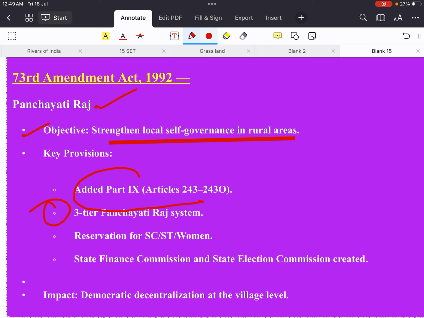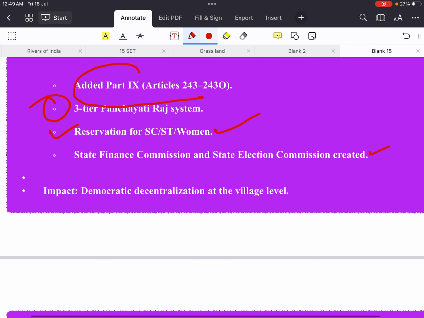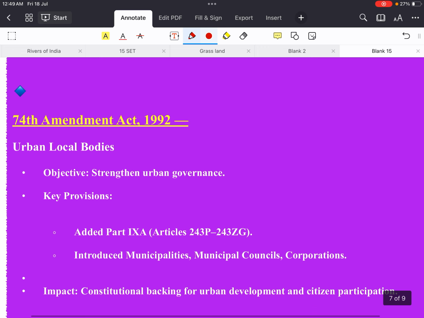A three-tier Panchayati Raj system was introduced. Then reservation for SC, ST and women, and State Finance Commission and State Election Commission were created. What was the impact? Democratic decentralization at the village level.